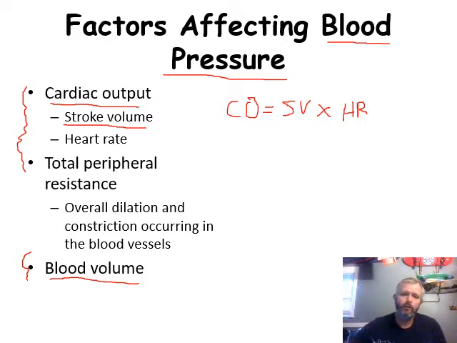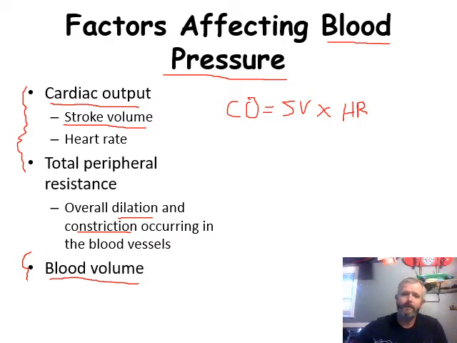Total peripheral resistance. The main factor in this is the dilation and constriction of the blood vessels. Our blood vessels can be wide and dilated or constricted. If there is more dilation, there is less resistance in this large vessel than there is in a constricted vessel.